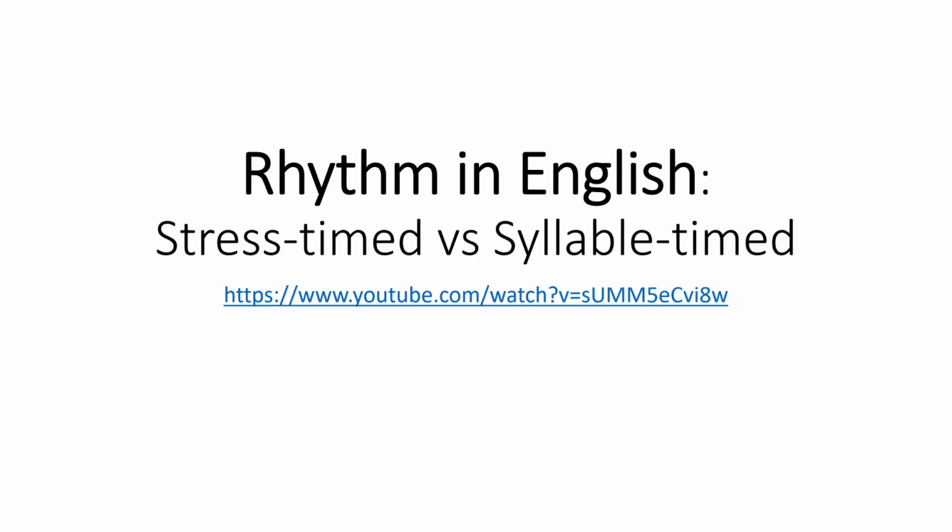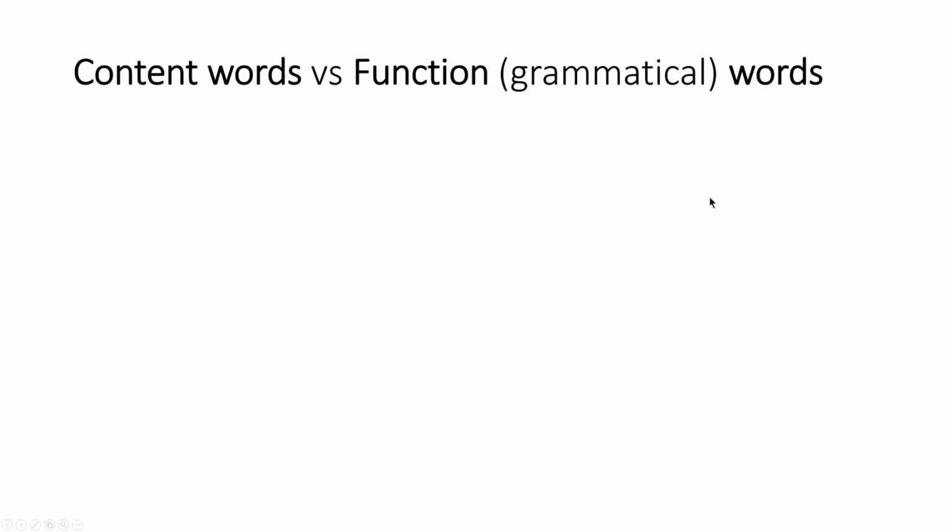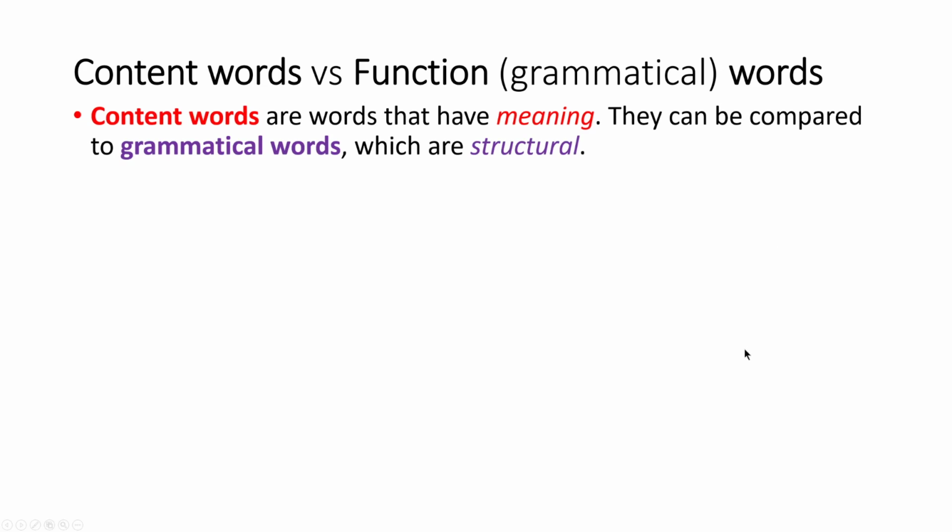It's a stress-timed language. So, when we think about this, we need to divide words into two different kinds. We have content words and we have function words. Now, content words are the words that have the meaning. Okay, so they are going to be the words that carry the most meaning.